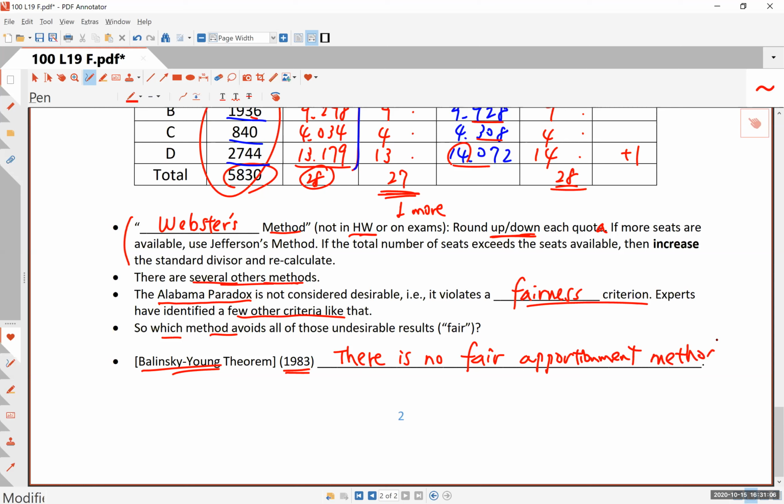Basically, anything that anybody can come up with is going to violate one of the fairness criteria. Okay, so no matter how good an apportionment method is, there is some sort of unfairness associated with it. Okay, and this was actually proved in 1983. So that is a pretty powerful, maybe surprising result.